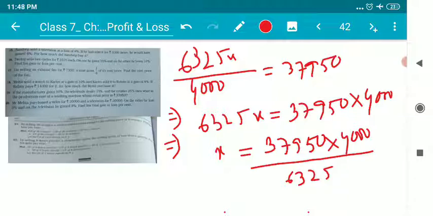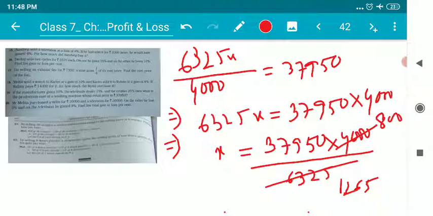In order to get the value of x, 5 ones are 5, 1 6... 1, 2, 6, 5. Okay, and this one will be 5 8s are 40, 0 0.